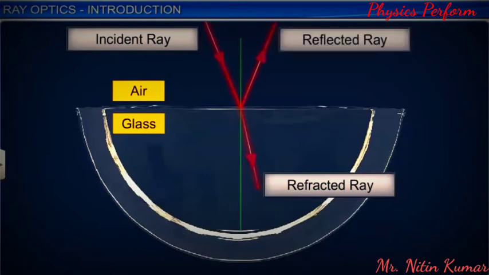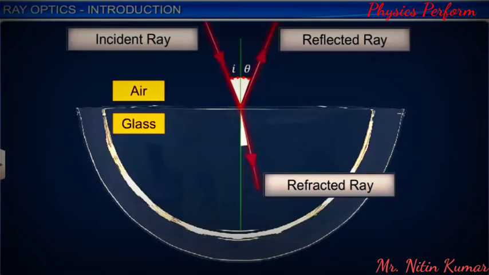The angle between the incident ray and the normal is called angle of incidence, i. The angle between the reflected ray and the normal is called angle of reflection, theta. The angle between the refracted ray and the normal is called angle of refraction, r.